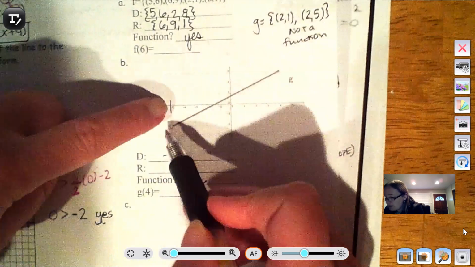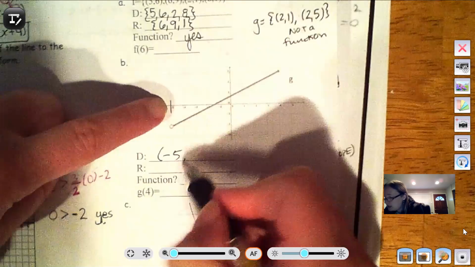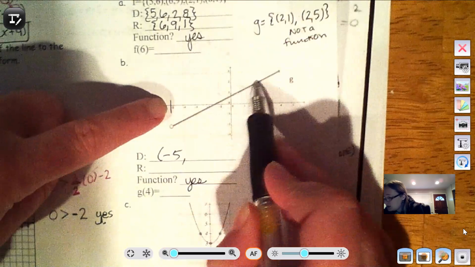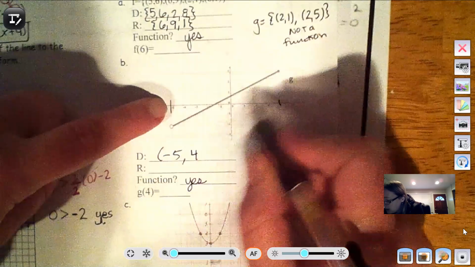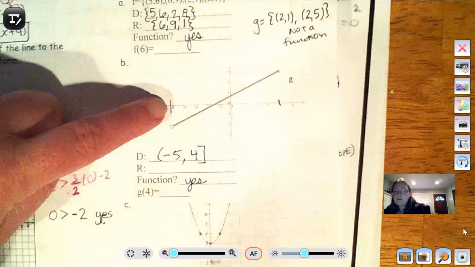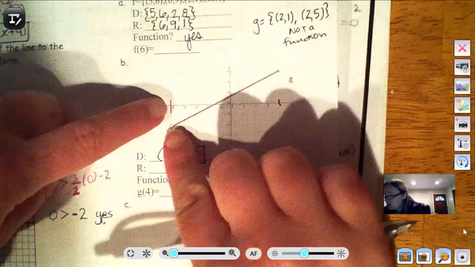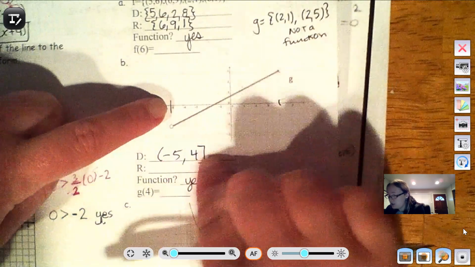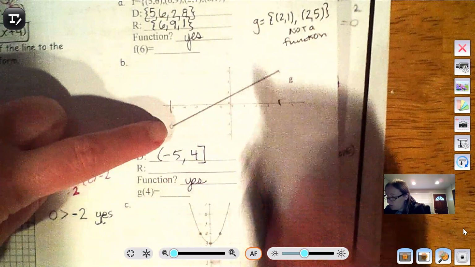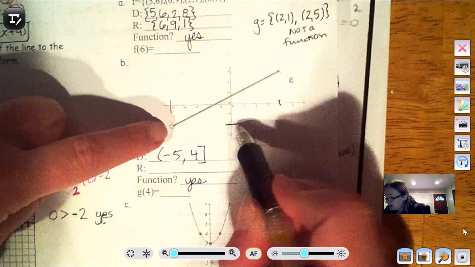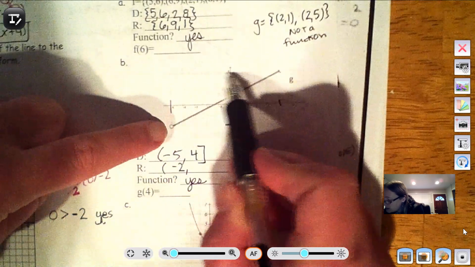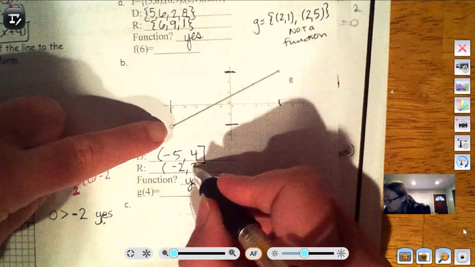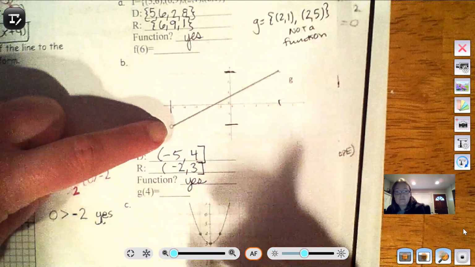It's got an open dot there, so parenthesis, and then it continues until you get to the x of +4 with a closed dot, so a bracket. Because it's continuous, you use interval notation. And then your range, your smallest y, is -2 with an open dot, and your largest is 3 with a closed dot, so bracket.